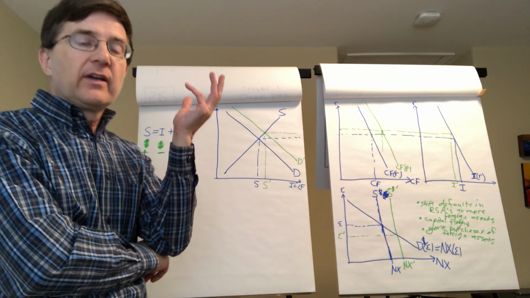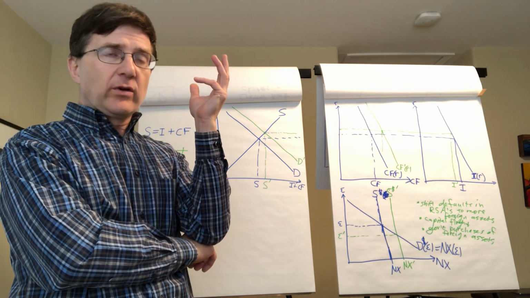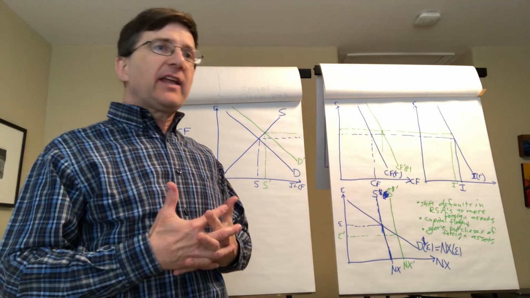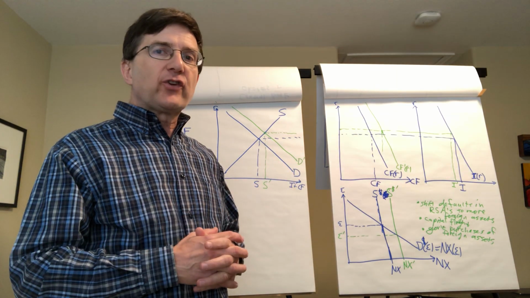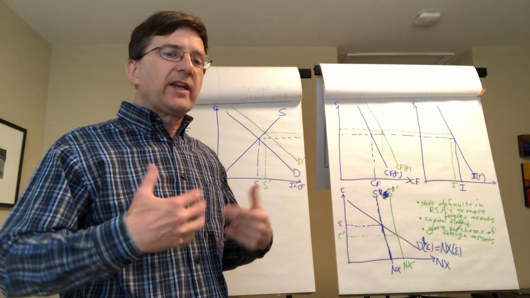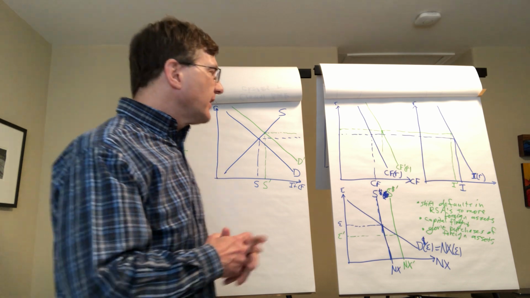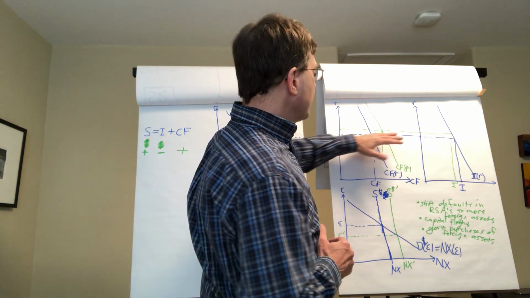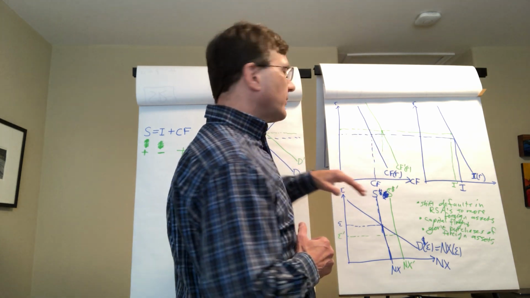Now notice, just a minute ago we were talking about how increasing the total amount of saving would also raise the net exports, and that's basically because if you increase the total amount of saving, the real interest rate in the US will go down and some of the funds will end up going abroad. Here it's a little different because you're directing funds to go abroad. So it's not operating through the real interest rate going down.